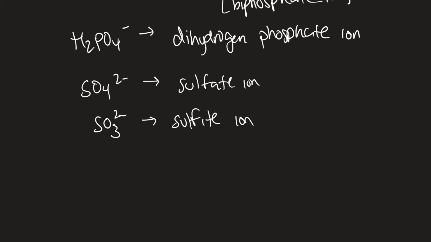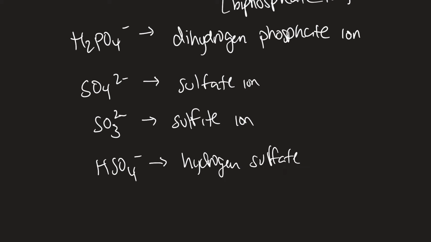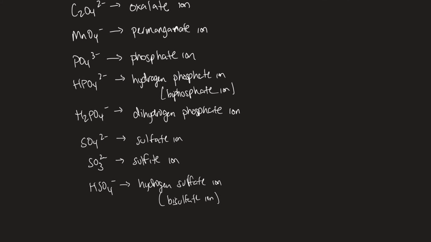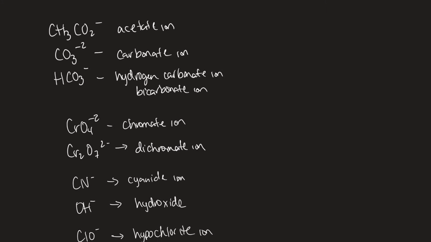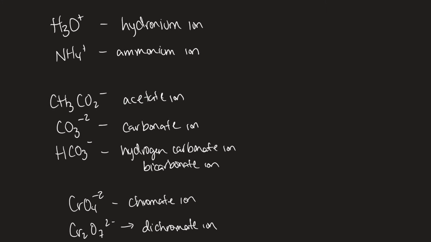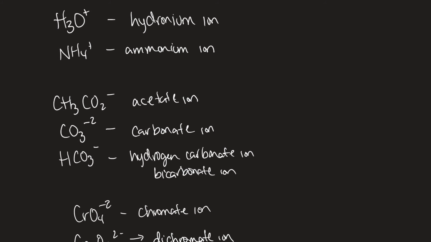And hopefully you will not also confuse the HSO4 negative, which is called the hydrogen sulfate ion, or sometimes the bisulfate ion. So this is just the list of polyatomics. I probably should have done this in columns. These are the polyatomics that you definitely need to have memorized in class, because it's good to know them. So there you go, polyatomics.